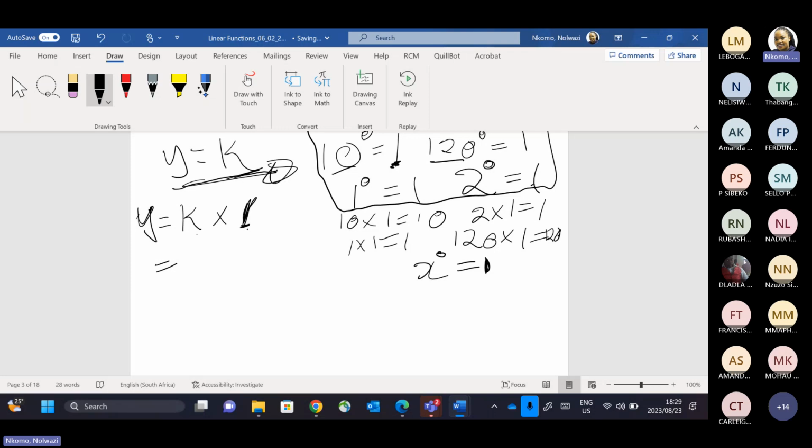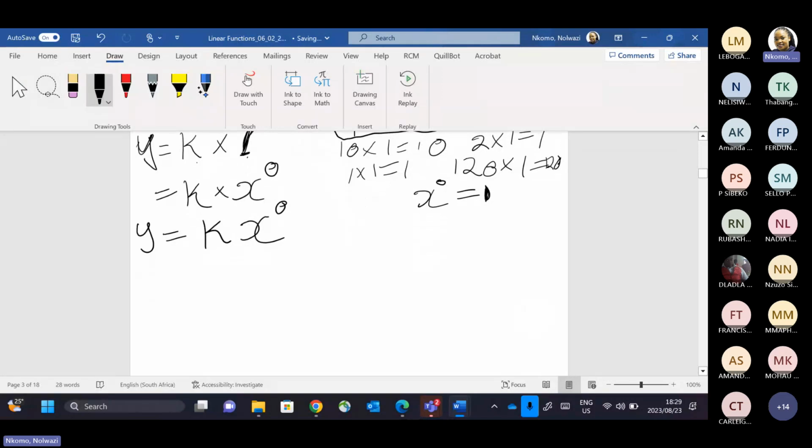So I'll have k times x to the power 0, right? So this means our function is now y equals k x to the power 0.